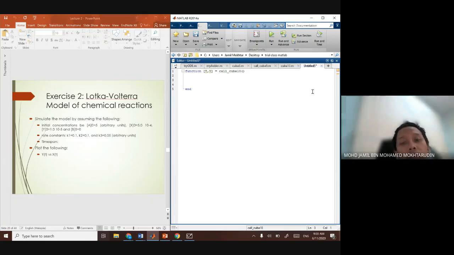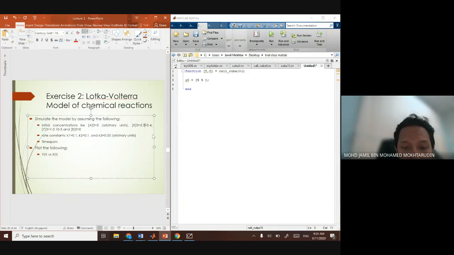Okay, so the first thing you need to have in your calling function is your initial condition. So initial condition equals, so since you have 4 ODEs, so you must have 4 initial conditions, okay? So the first one is A naught equals 5, so 5. And then X naught equals 5, also 5. Okay, 5, ni tertinggal.